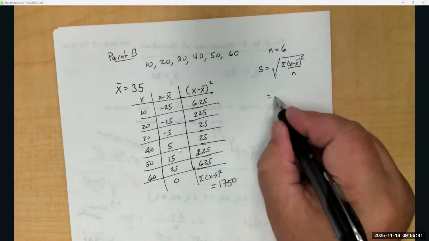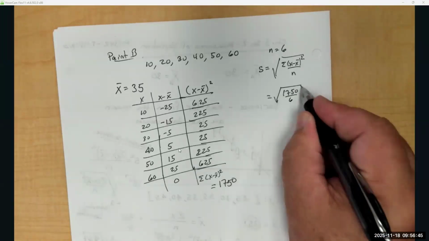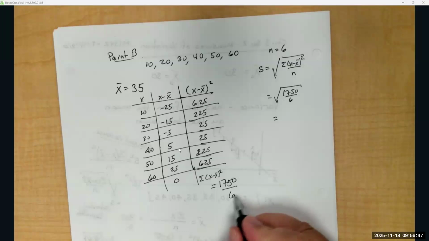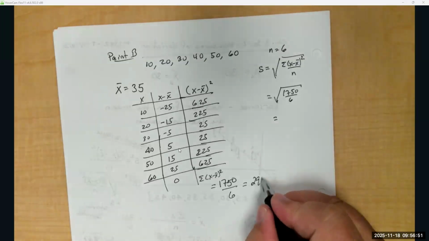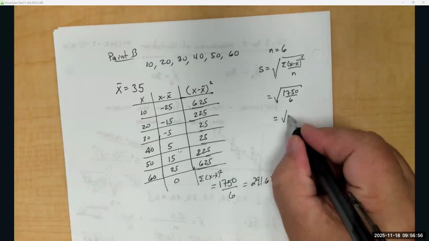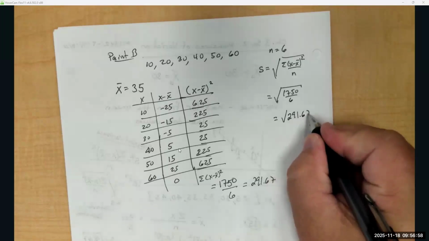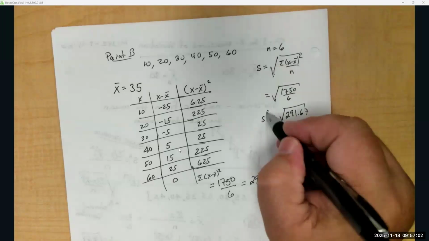So now we have 1,750 divided by 6, which is what? So that's s squared. That's s, I'm sorry.